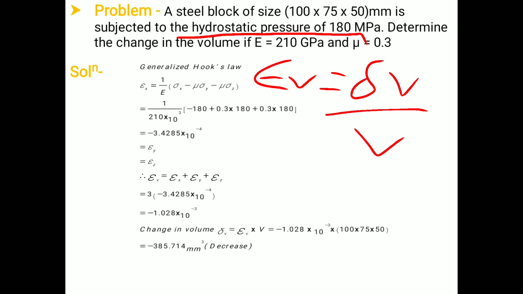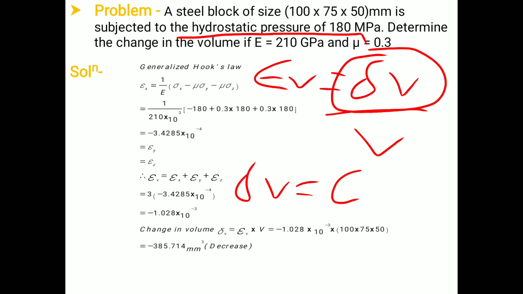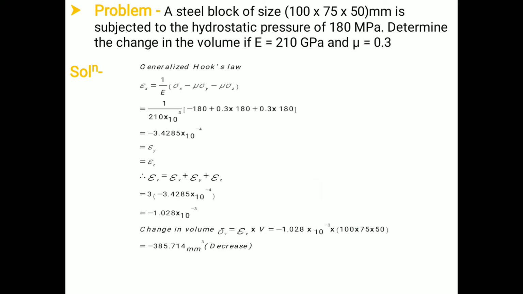Once you know the value of epsilon V, we can easily find out the value of delta V. Therefore delta V is equal to epsilon V into V. But what is epsilon V? Remember that epsilon V is the strain in volume, and it is equal to the strain along x direction plus strain along y direction plus strain along z direction. So we will discuss all those things one by one.